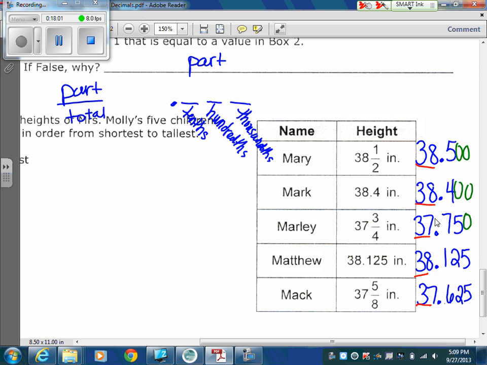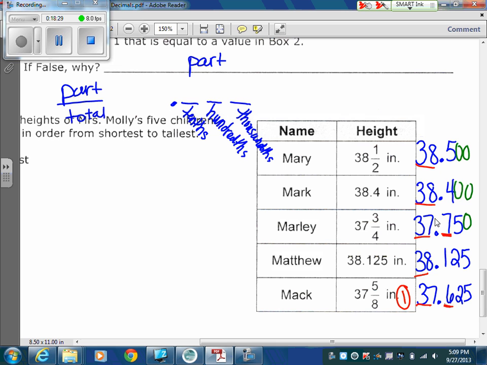If I have to, I go to the decimal place. This is shortest to tallest, so smallest first. I know 37 and 37 are smaller than the 38. So then I have to look at my decimal. I have a 37 and 7/10, a 37 and 6/10. I know 37 and 6/10 is smaller, so Mac must be the shortest out of all of them.